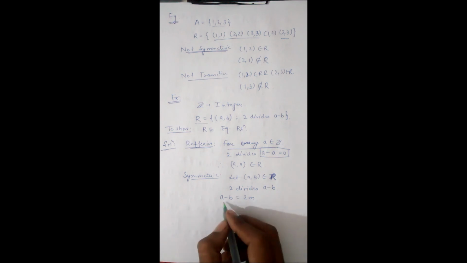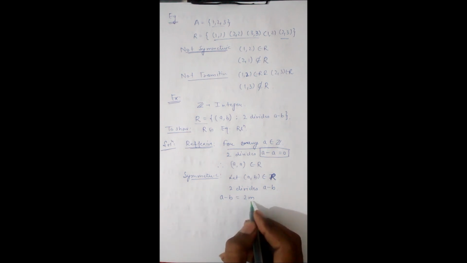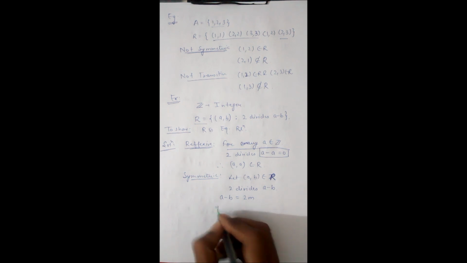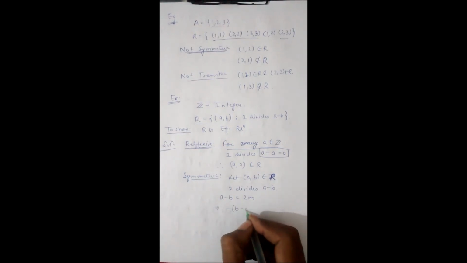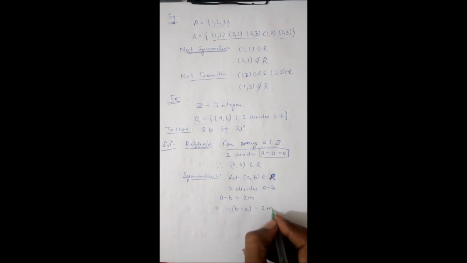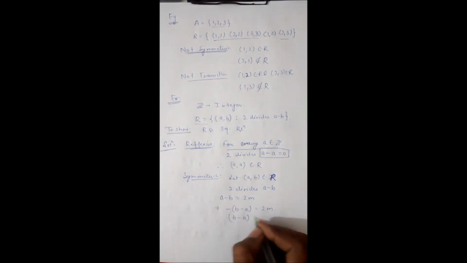So by Euclid's lemma, a minus b equals 2m. This is also the same as minus of (b minus a) equals 2m, which can be written as b minus a equals 2 times minus m, and this condition is nothing but 2 divides b minus a. Therefore my relation R is symmetric.